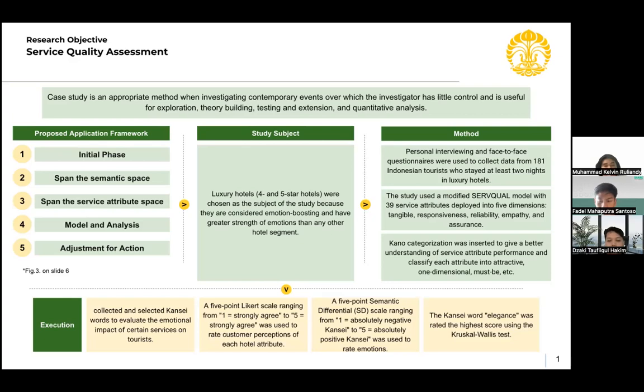The study uses a modified circle model with 39 surface attributes deployed into 5 dimensions. Then Kano categorization was inserted to give a better understanding of the surface attribute performance. There are several execution steps in the study, as we can see on the slide. Next.